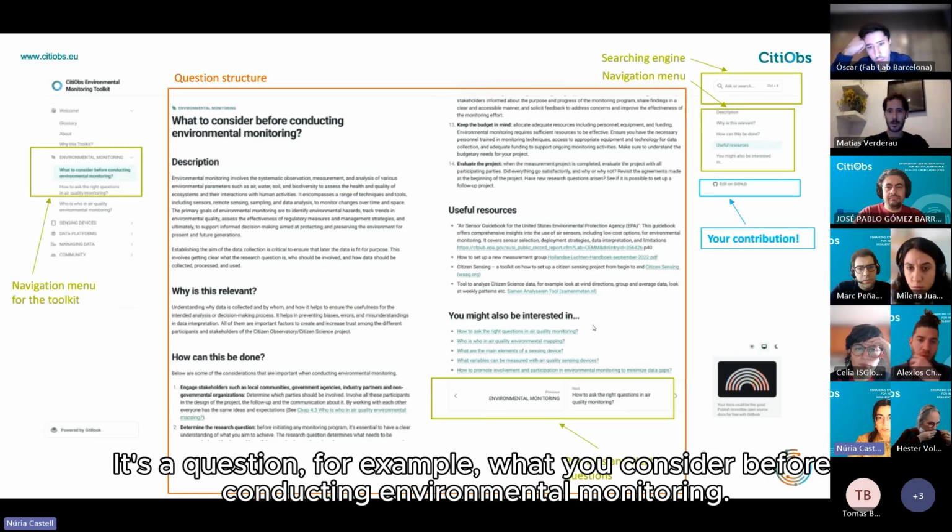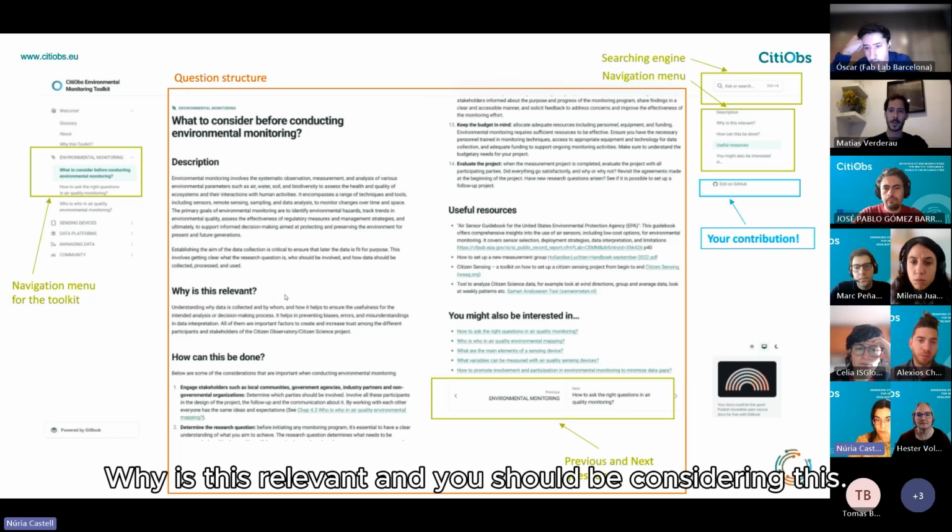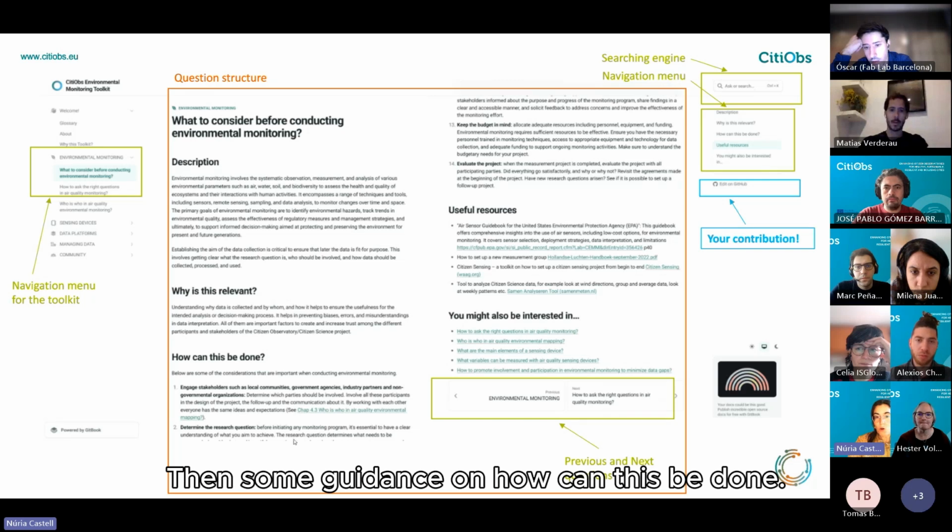And when you click on them, you will always have this structure. The structure is a question, for example, what to consider before conducting environmental monitoring. Then it has a little bit of a description of what you will find there: why is this relevant and why you should be considering this. Then some guidance on how this can be done.